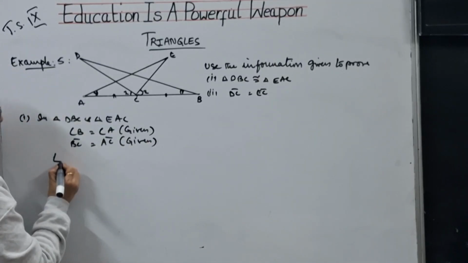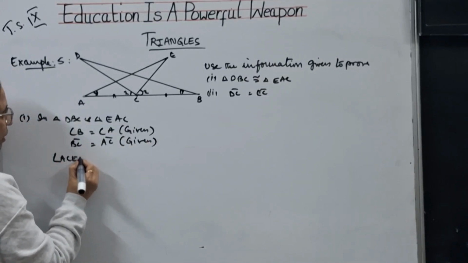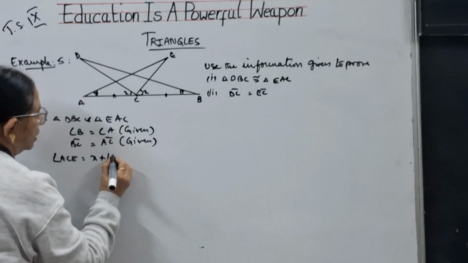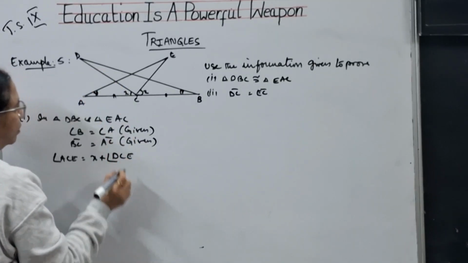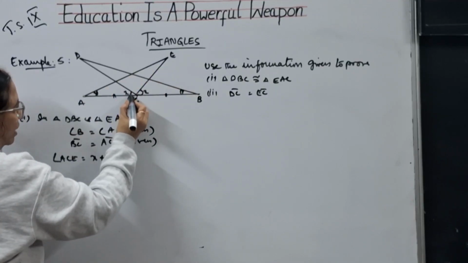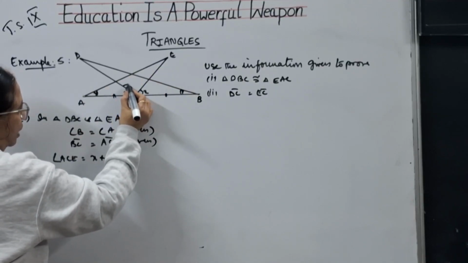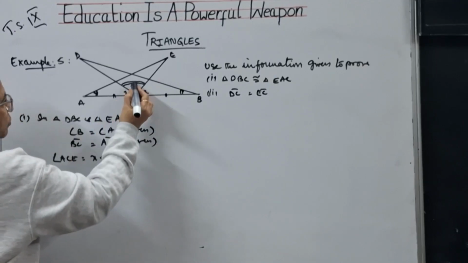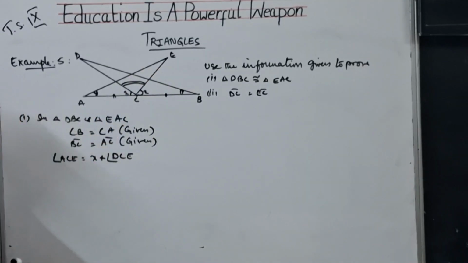Now, angle ACE is equal to x plus angle DCE. Is it not so? Angle ACE is nothing but x plus this angle. These two, if you add, you are getting this.